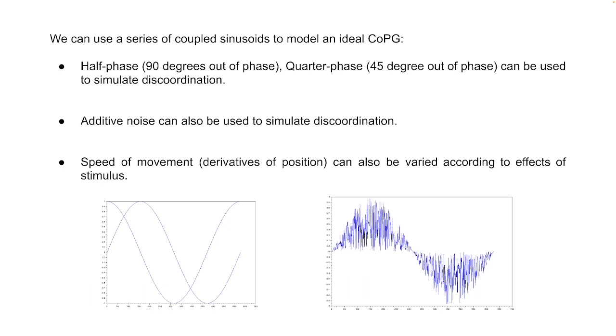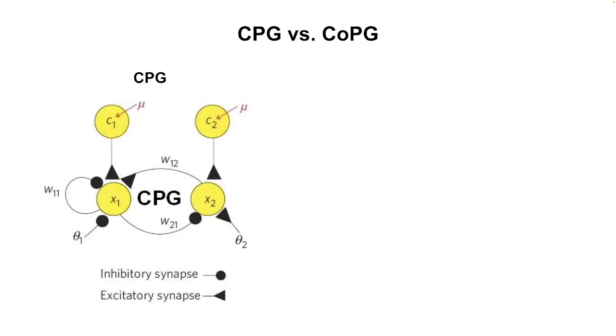So we can actually have half phase or quarter phase signals with noise, and that can be used to model movement as well. And then finally, the speed of movement, or the derivative of position, can also be varied according to the effects of the stimulus.